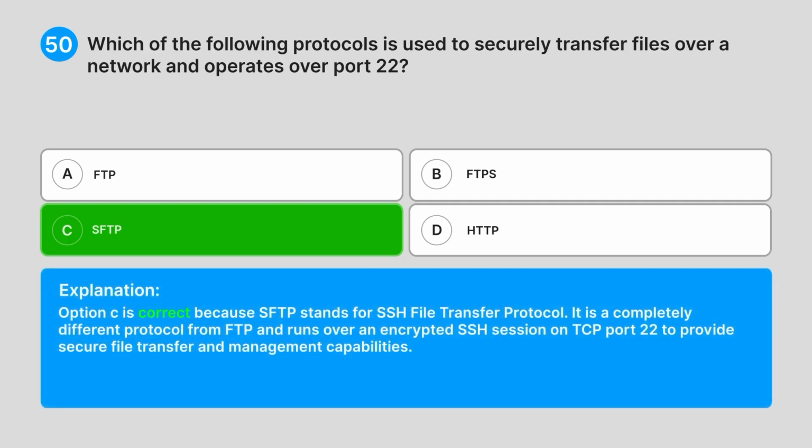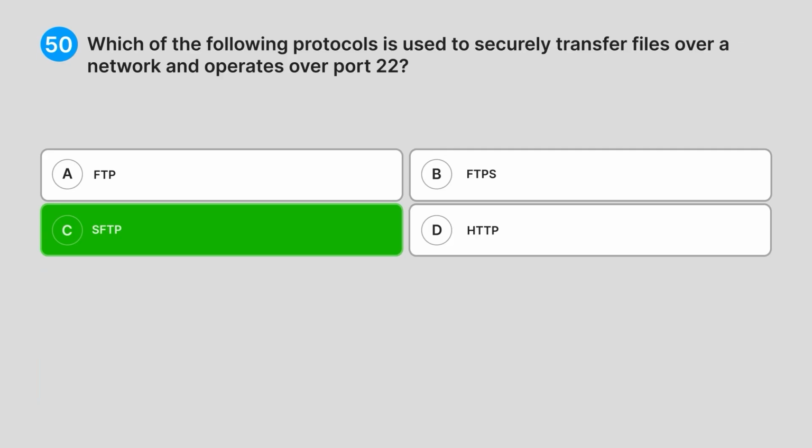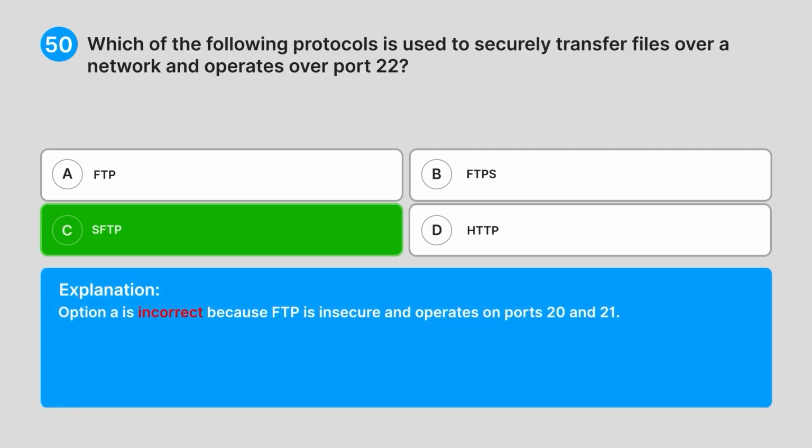Explanation. Option C is correct because SFTP stands for SSH File Transfer Protocol. It is a completely different protocol from FTP and runs over an encrypted SSH session on TCP port 22 to provide secure file transfer and management capabilities. Option A is incorrect because FTP is insecure and operates on ports 20 and 21.